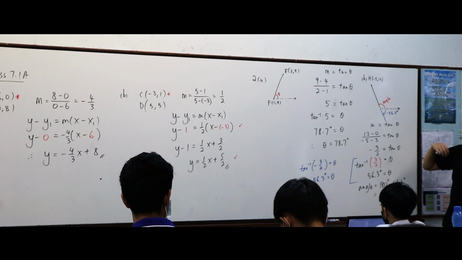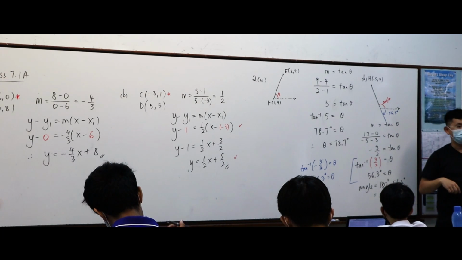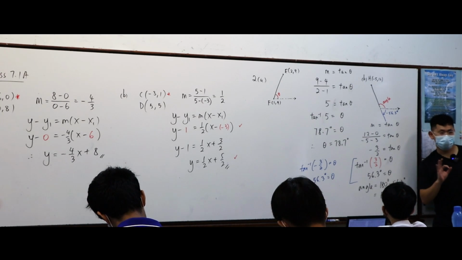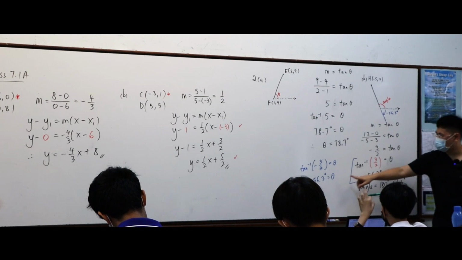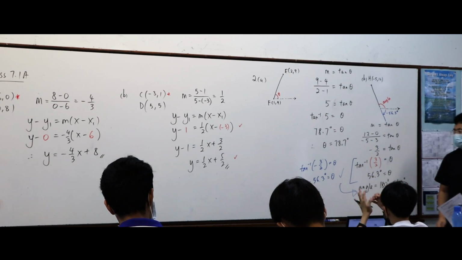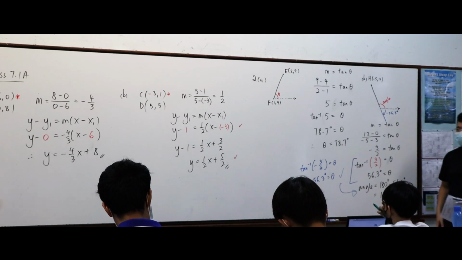So this is what the negative angle means. It goes in the opposite direction. Okay? Clear? So technically speaking, if you were to do this, it is also correct, but you need to find the angle over here again.